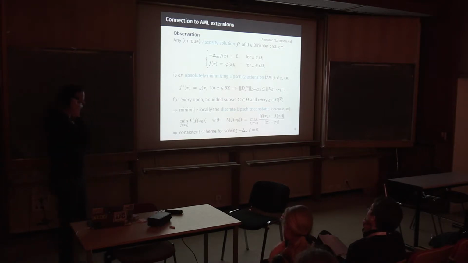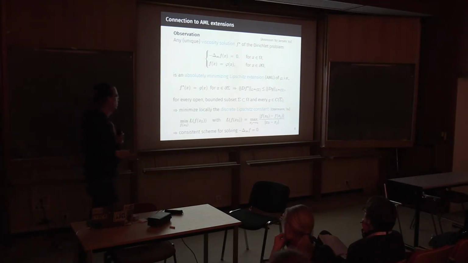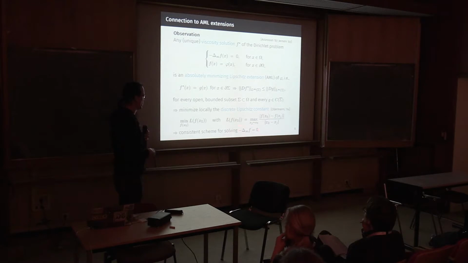And that was used by Oberman again to describe this as, well, we could also locally look at the discrete Lipschitz constant, which is this term, the maximum Lipschitz constant. And if we minimize that, we again get a consistent scheme to minimize the infinity Laplacian.